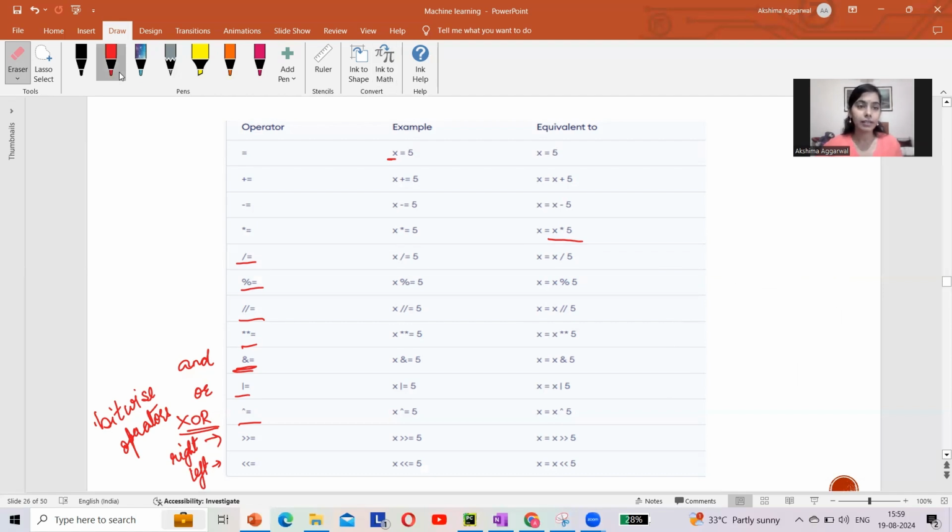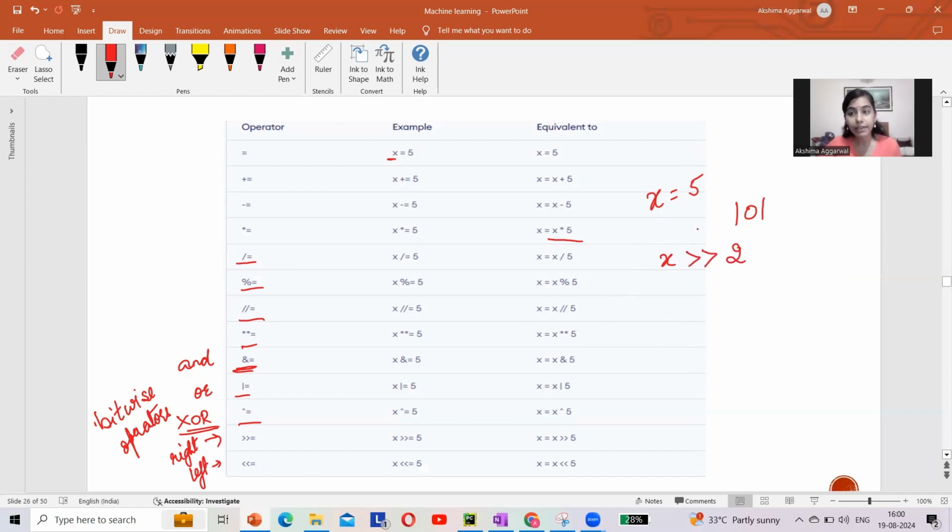Now, let's take a number. For example, I'm just taking x is equal to 5. Now, what is a binary value of 5? That is 101. Now, we are going to do the right shift, means x is right shifted by 2.